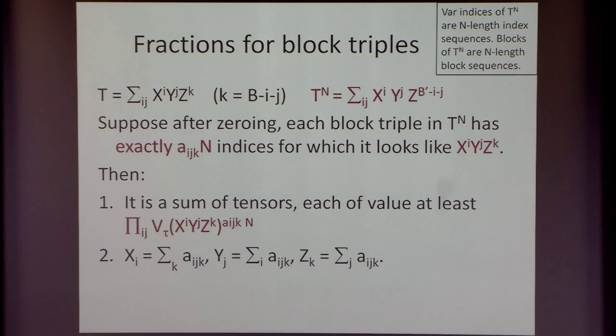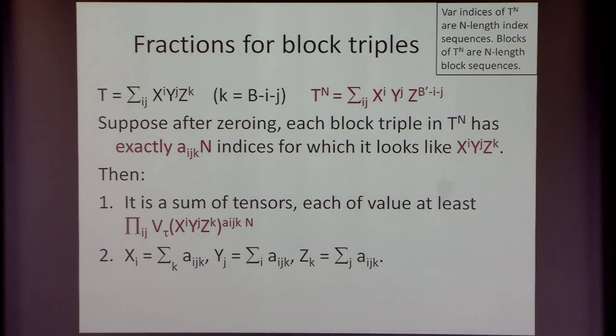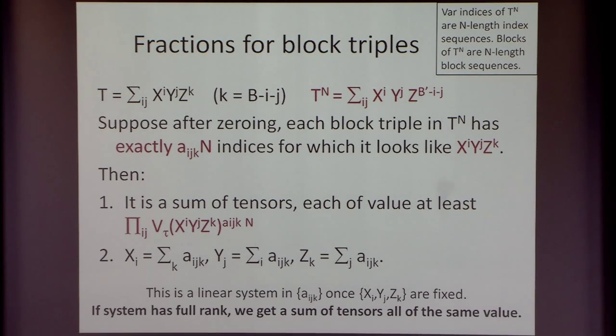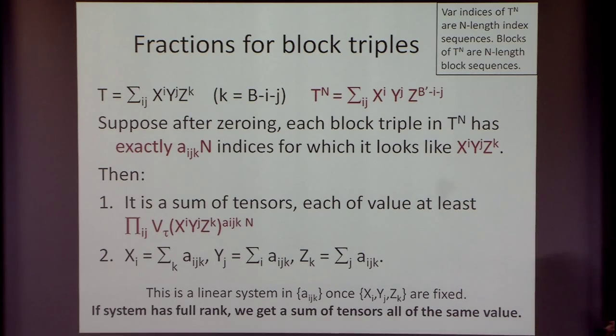So I have a linear relationship between the blocks that I pick to zero out and the triples that remain, and these fractions of triples define the values of the summands that remain. So if this linear system has full rank, then just picking what to zero out in the blocks will give me exactly the values of the summands, because there's only one choice for the a_ijk's. And we get a sum of tensors all of the same value.